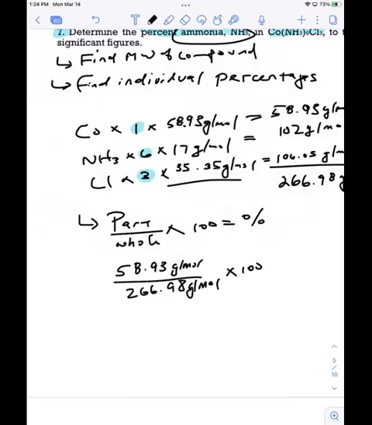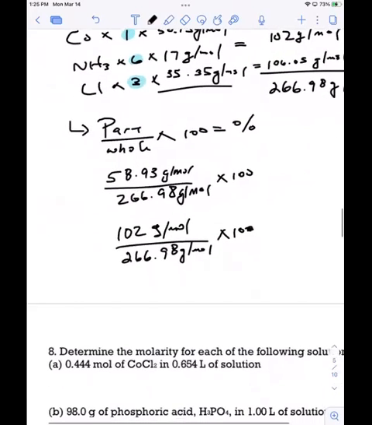All right. And then if we want the ammonia, we can just take 102, which is what the ammonia contributes to the overall molar mass. This is the part over the whole, 266.98 grams per mole, times 100. And then for the chlorine, it'll be the same thing, 106.05.